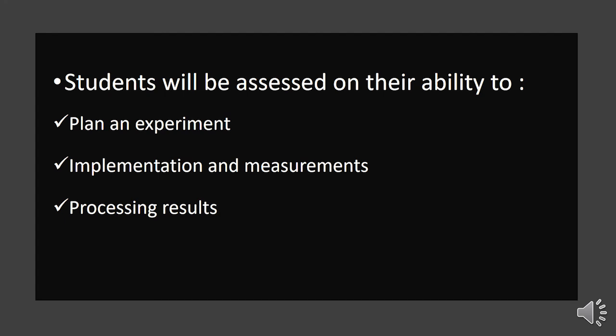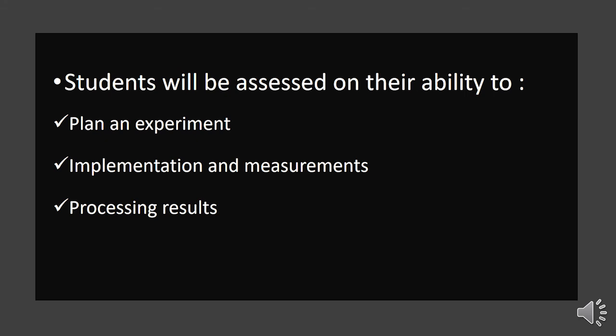So these are the expected things from your exam point of view when it comes to the area of plan and experiment. The next is implementation and measurements. Under this, you will be asked to comment on the number of readings taken, comment on the range of measurements taken, or sometimes you'll be asked to comment on significant figures, check a reading that is inconsistent with other readings.